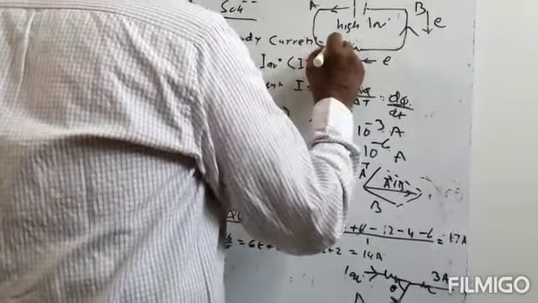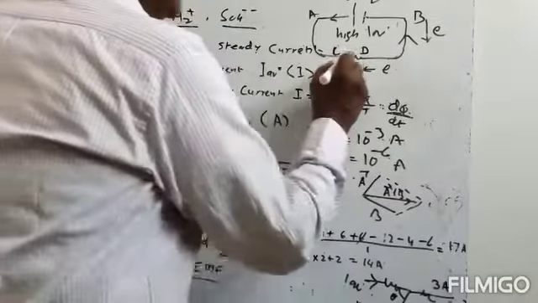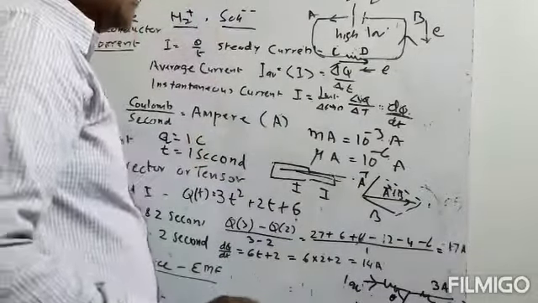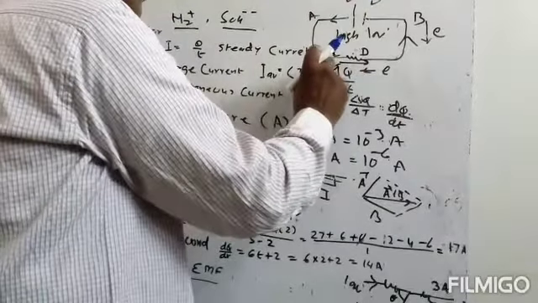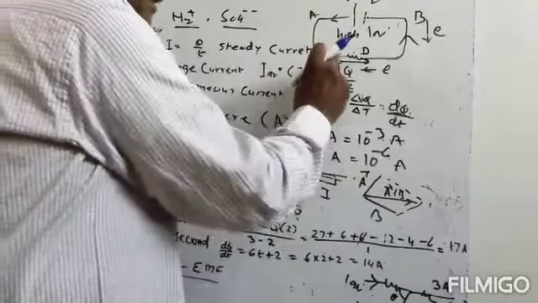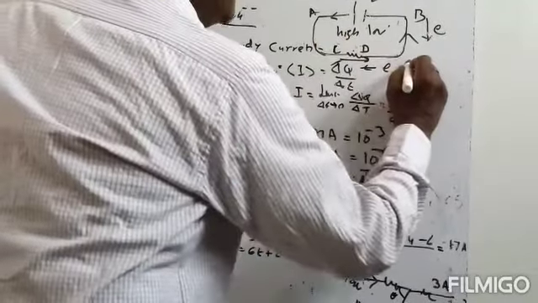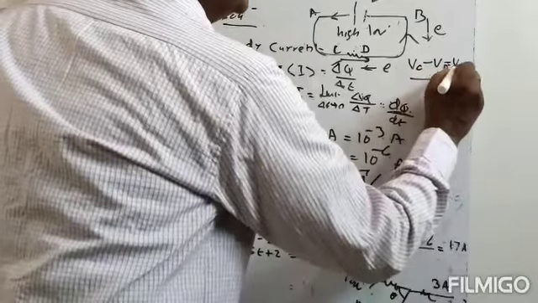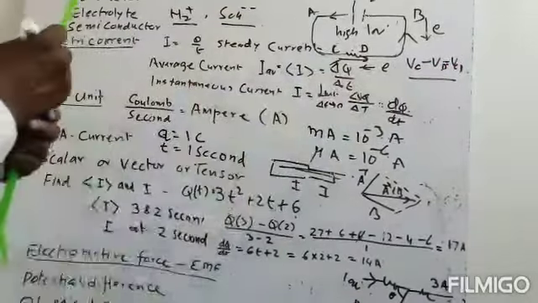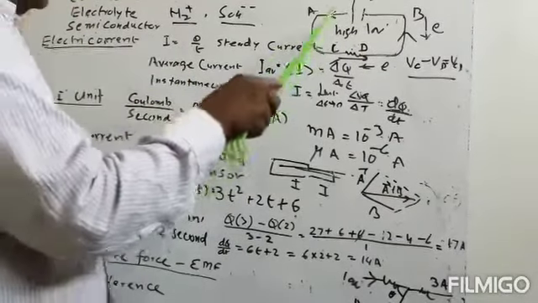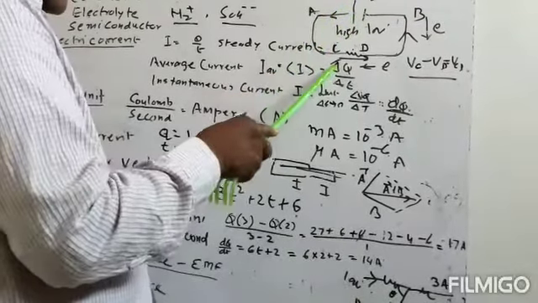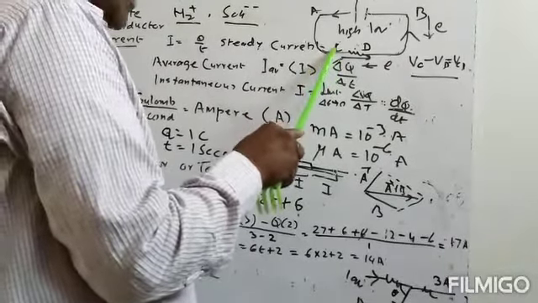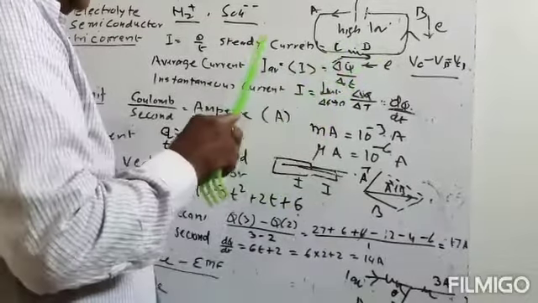Suppose this point is C and this point is D. Now current is flowing through it from C to D. Then the work done or energy supplied by this battery to pass a charge from C to D is known as the potential difference between C and D. So it will be equal to Vc minus Vd, or we can say Vcd. So the potential difference between these two points is the work done by the source to move a charge from point C to point D. So that is your potential difference.